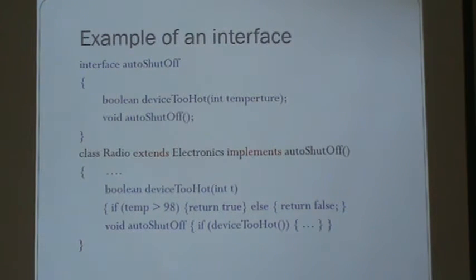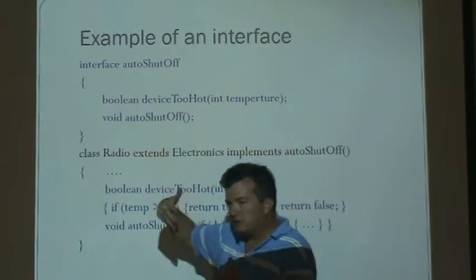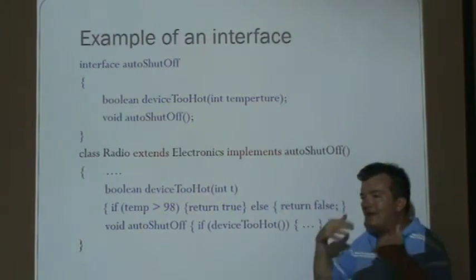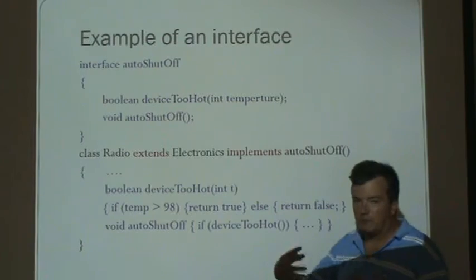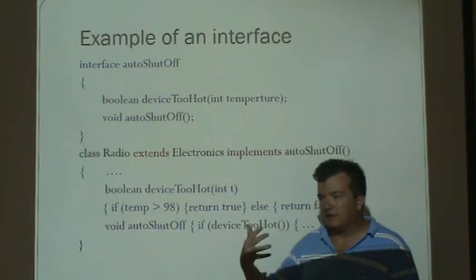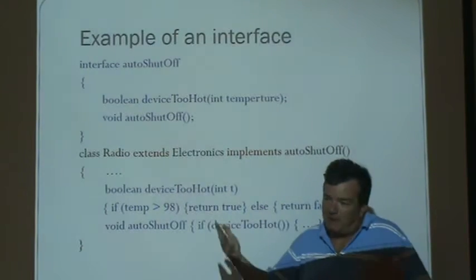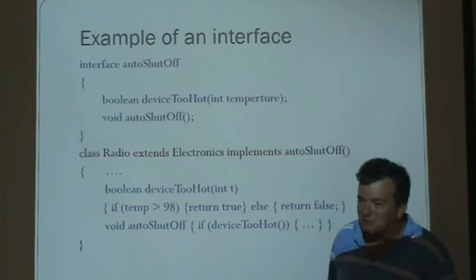If we put a method in electronics called auto shut off and a Boolean function that checks if the device is too hot, then every product we ever make that inherits from electronics, the designer of that class is forced to write code for when the thing should shut off. And maybe it's like a clock inside your house that doesn't have to shut off.